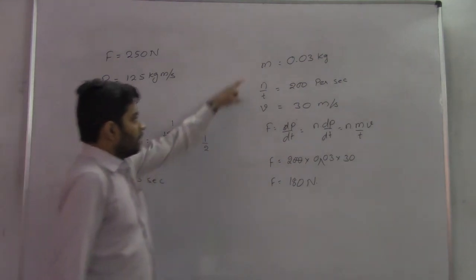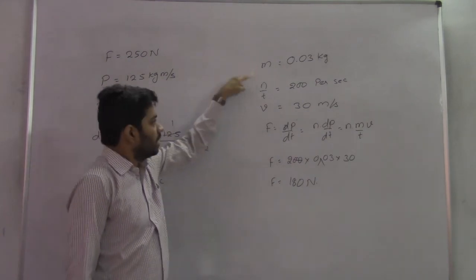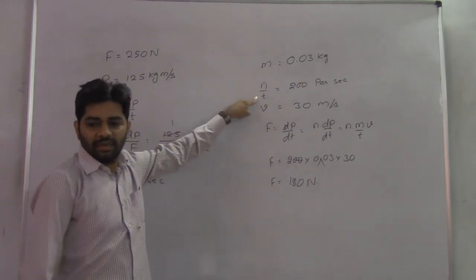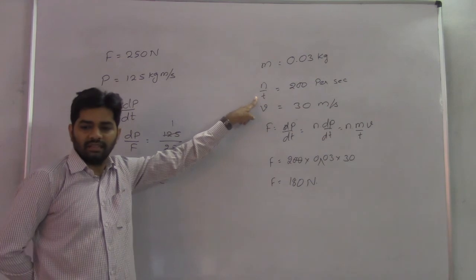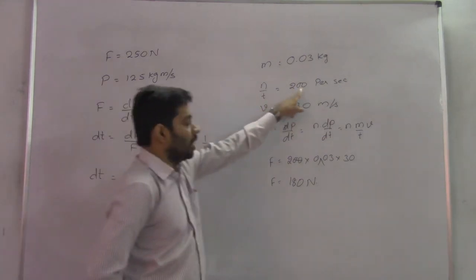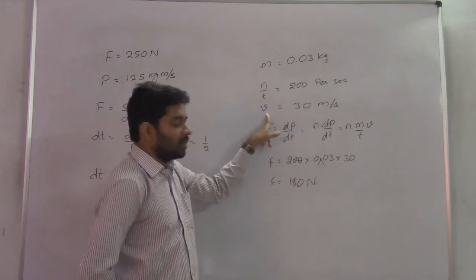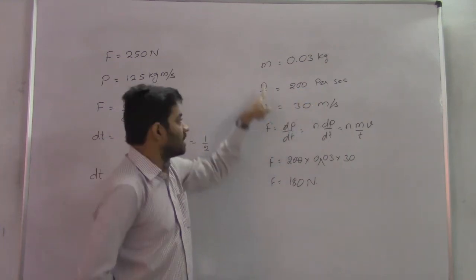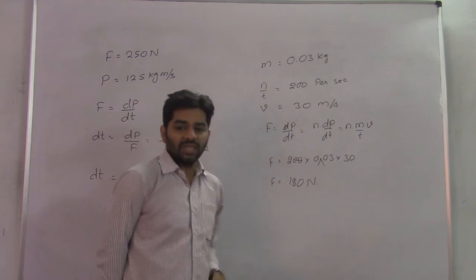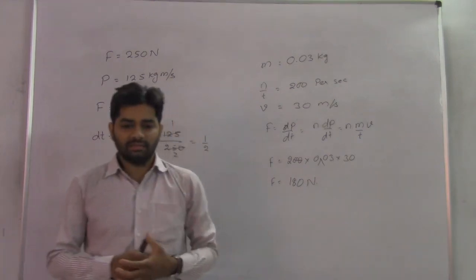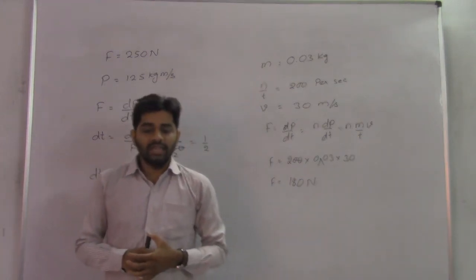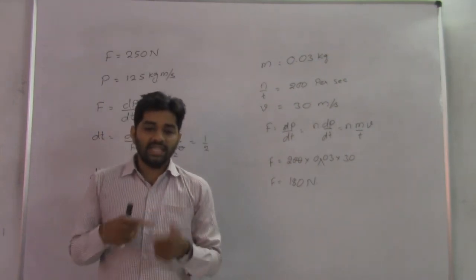Mass is provided. Number of bullets per second is given. That means in 1 second, 200 bullets are released from the gun. Each bullet velocity is provided, each bullet mass is given. They are asking how much force is required to hold the gun. Clear? So generally dp by dt is the rate of change of momentum.